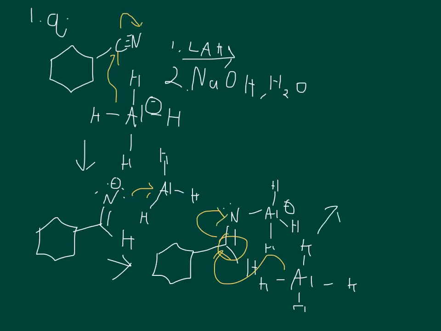The result is another aluminum is going to come in and interact with it because we created that neutral aluminum when the hydride was transferred. The result of that is going to be this. So now we reduce the nitrile to this amine that happens to be interacting with these aluminum atoms. So it's nice and neutral, but that's not what we want in the end.